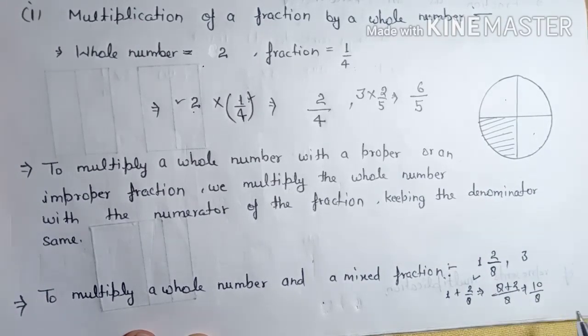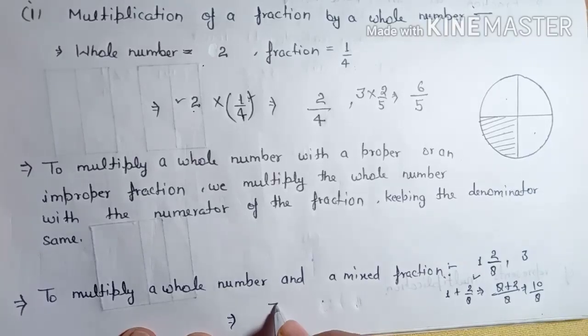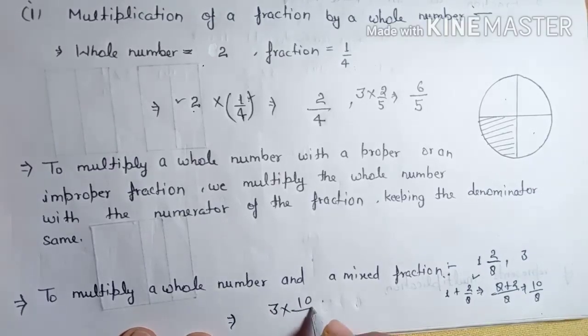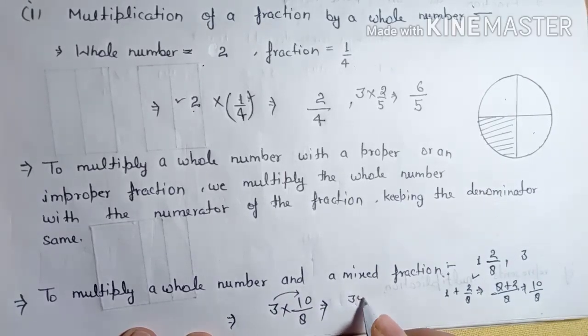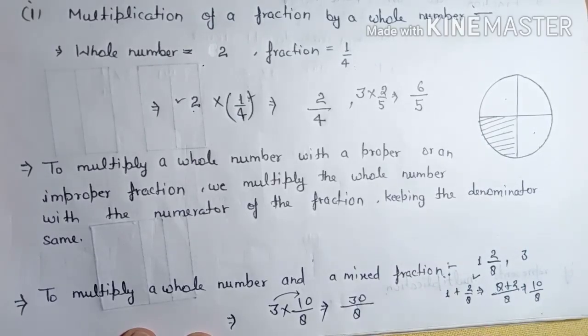Now you have to multiply 3 by 10 upon 8. 3 multiplies this numerator, that becomes 30. 3 10s are 30 upon 8. This is your answer.